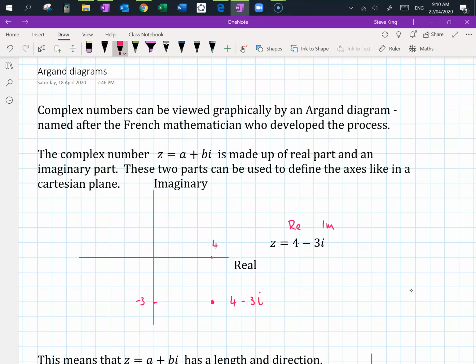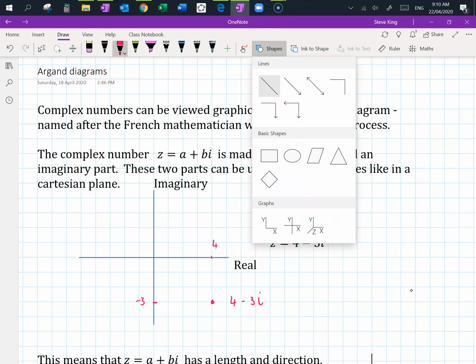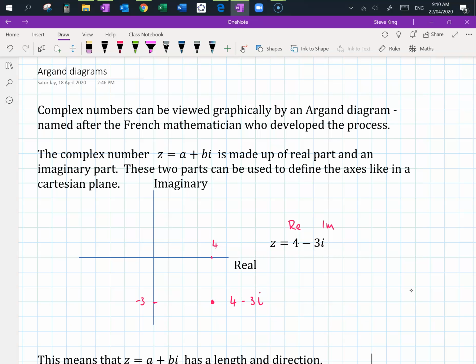And we'll represent that with a line that goes from the origin down to that point. So that is a way of looking at a complex number using a set of axes like this.